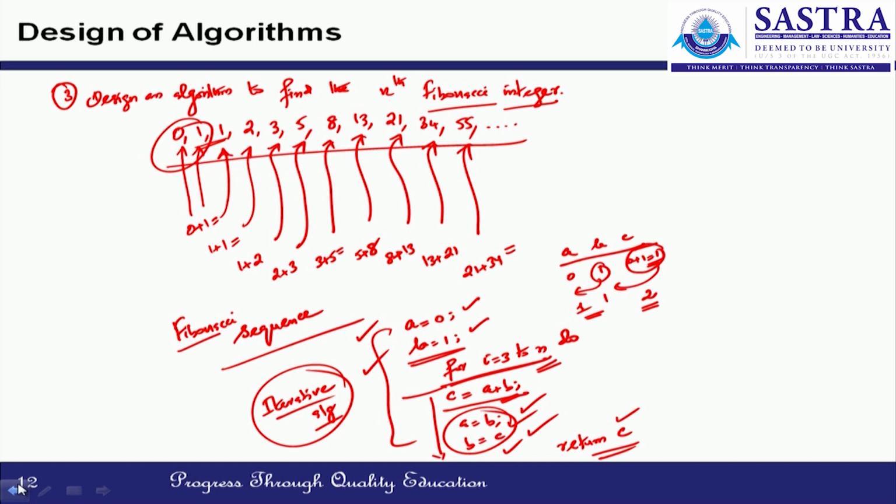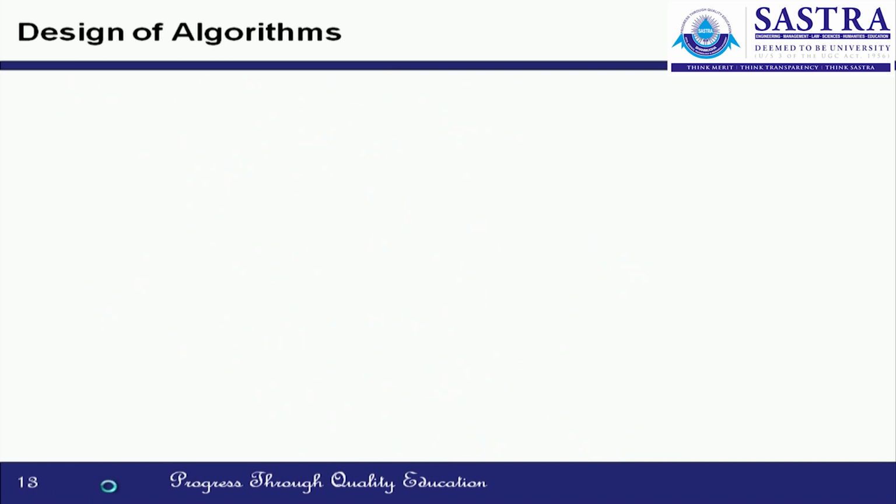Assuming n is equal to 1, returns a value 0, and n is equal to 2 returns a value 1. If we need, we can make a comment here.